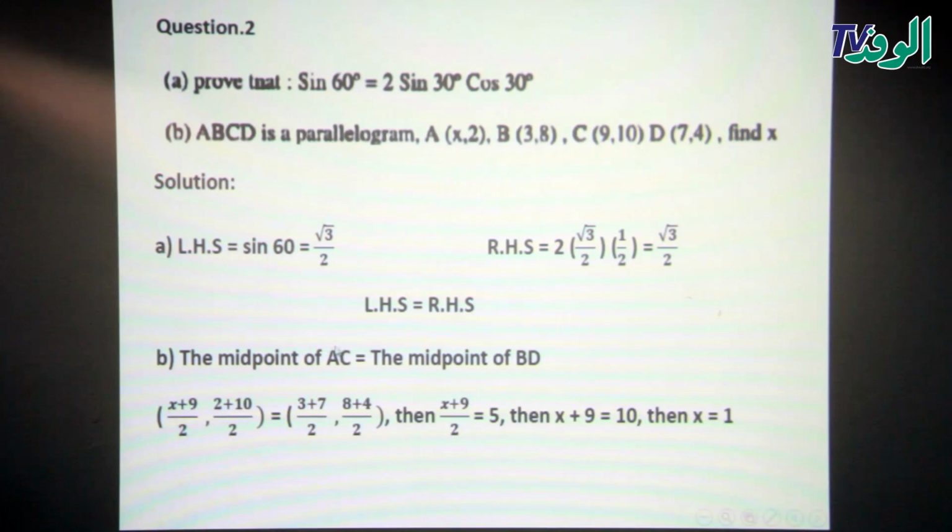AC ده diagonal الأولاني و BD diagonal التاني. يبقى midpoint of AC it's x plus 9 over 2, 2 plus 10 over 2 equal midpoint of BD is 3 plus 7 over 2 and 8 plus 4 over 2. Then we have two equal ordered pairs, then the first equal the first, I mean x coordinate equal x coordinate, we can get this equation. Solve it for x, x is 1.